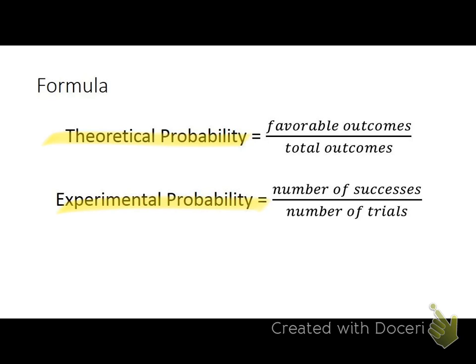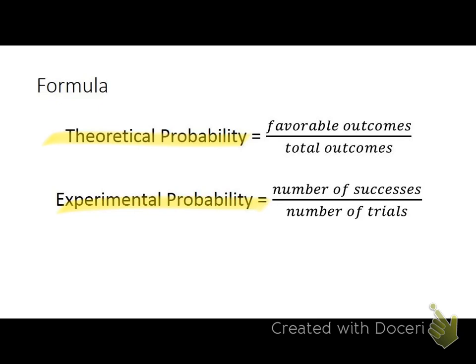The example we gave was skydiving. If they tell you that there's a 1 in a million chance that your parachute does not open, then you can base your decision off of that, but you're not actually trying it a million times. So theoretical probability is just playing out scenarios.